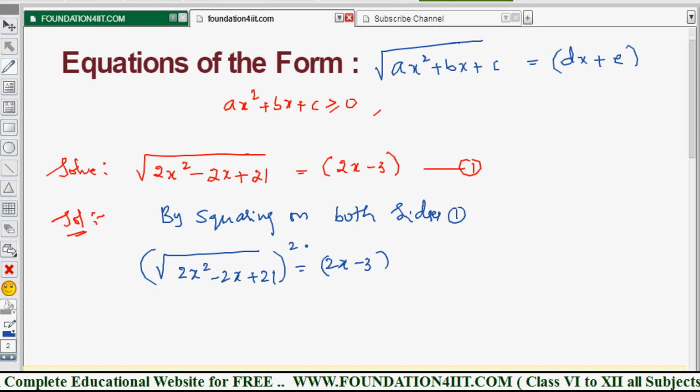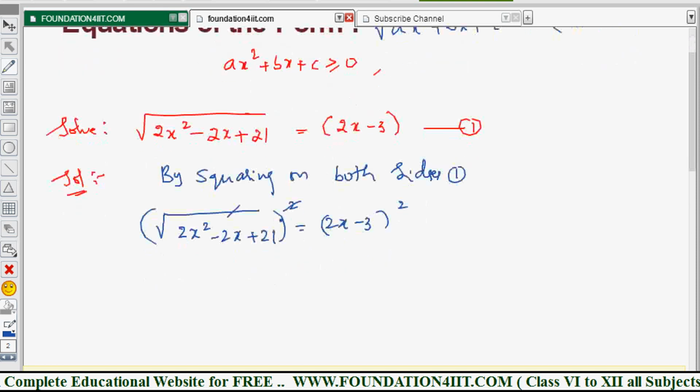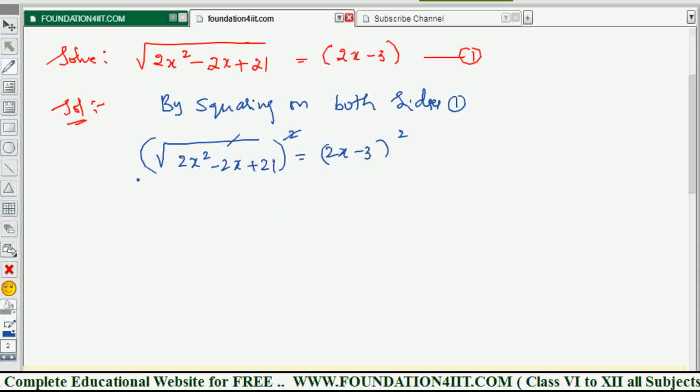Apply whole square on both the sides. The left side is squared and the square root cancels. Then the remaining is 2x square minus 2x plus 21. For the right side, a minus b whole square formula you can apply. That is 4x square plus 9, a square plus b square minus 2ab. So 2 into 2 is 4, and 4 into 3 is 12x.